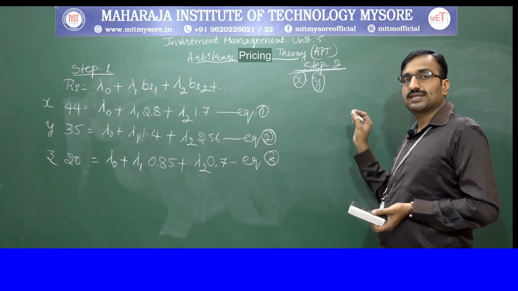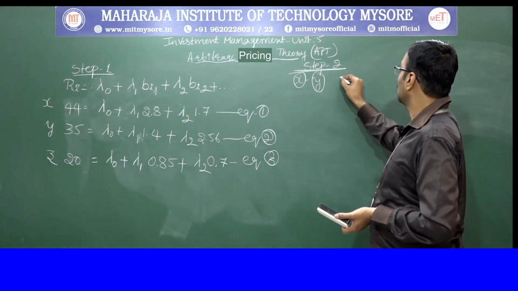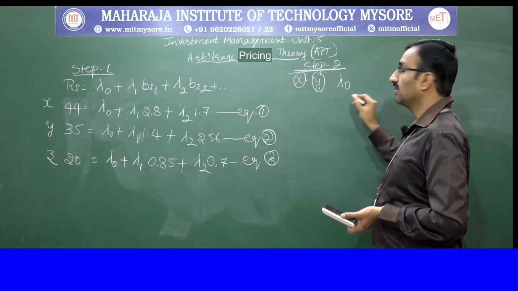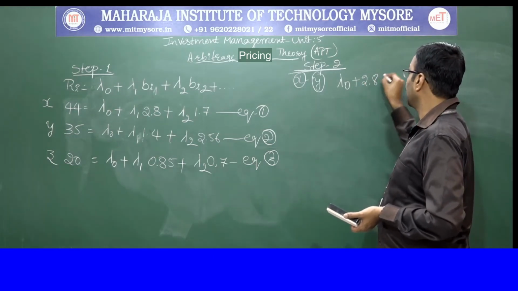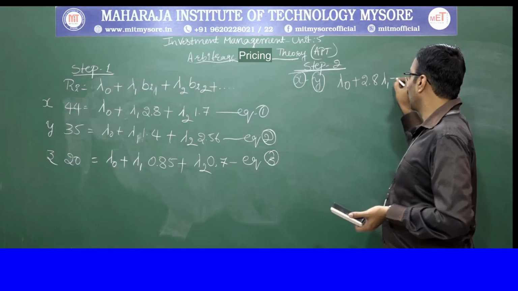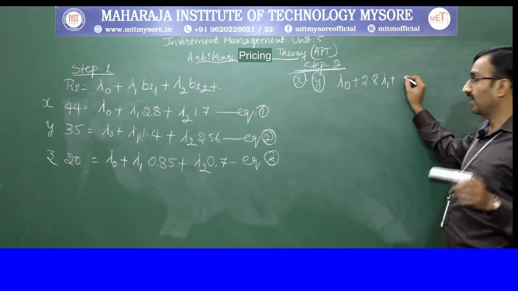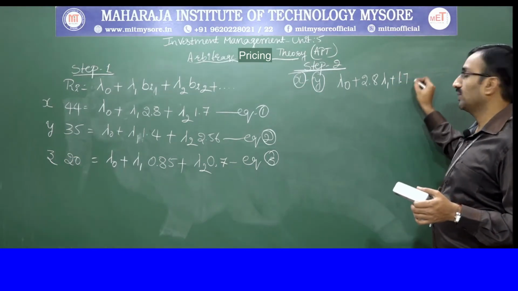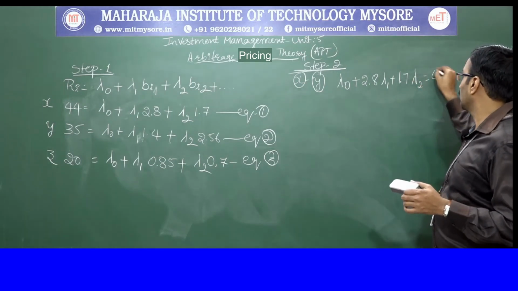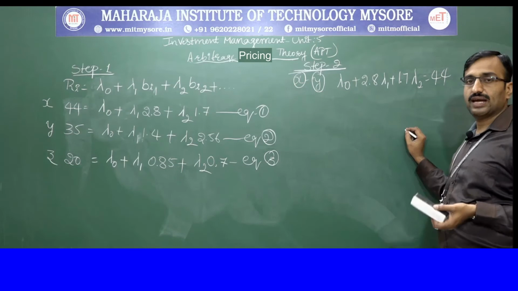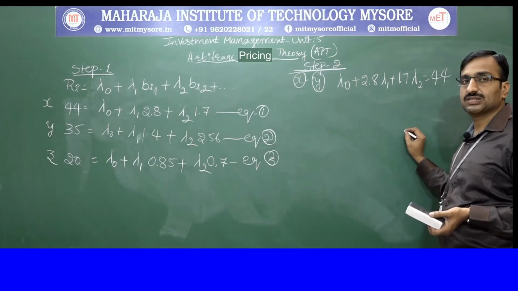So, x minus y: lambda naught plus 2.8 lambda 1 plus, the second one, beta 2 is 1.7, lambda 2 is equal to 44. We go with LHS and RHS.